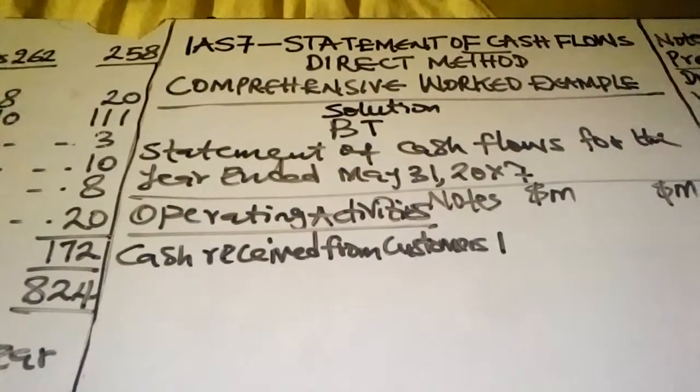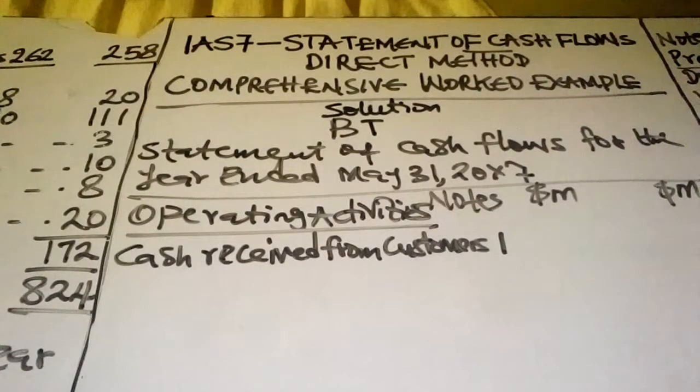Then the transactions that have to do with customers that you can find in your financial statement include receivables. Receivables will be found under current assets. For our workings, we always start with the opening balance.